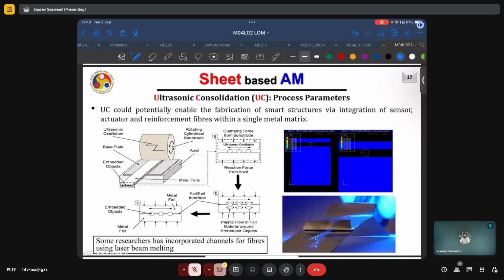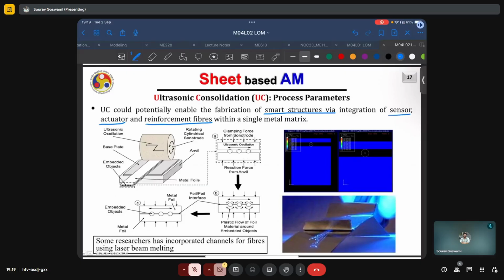A very interesting application of the ultrasonic consolidation process is captured in this slide, where it enables the fabrication of smart structures, where the integration of sensors, actuators, or even reinforcement fibers within a single metal matrix, and thus can be used to come up with multifunctional parts.